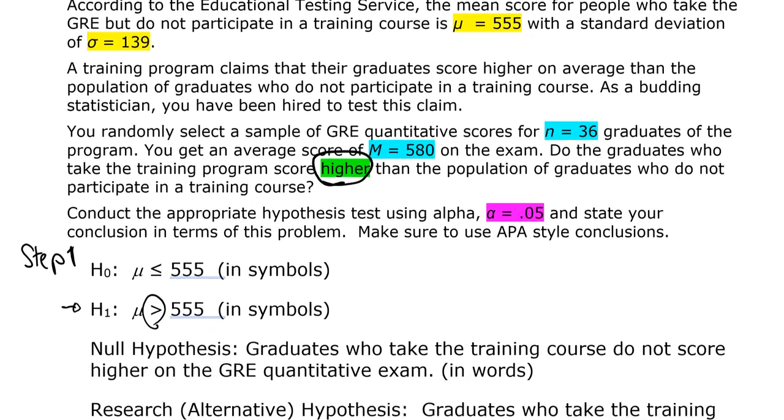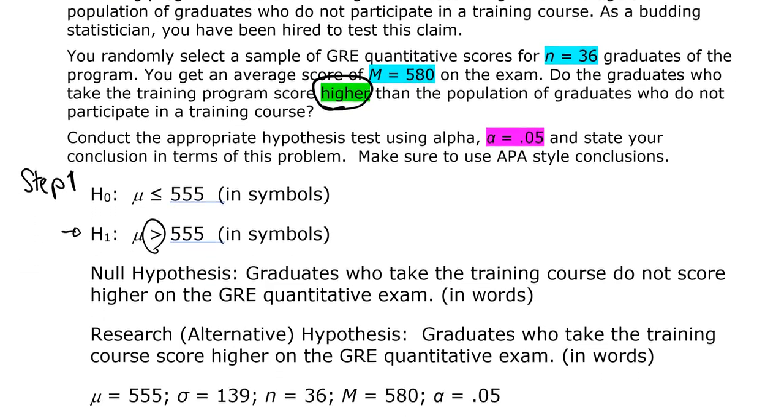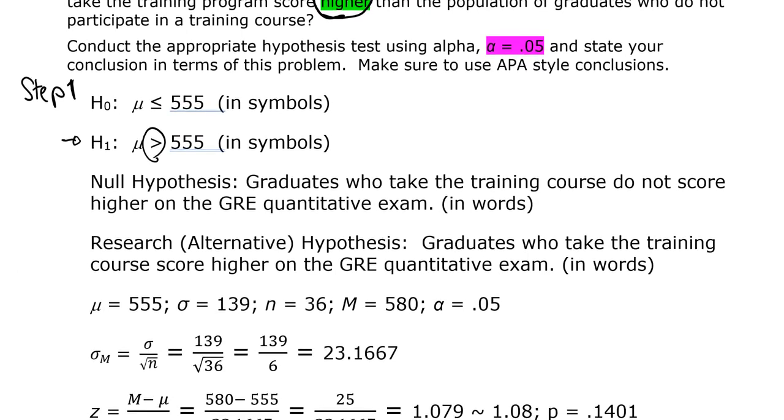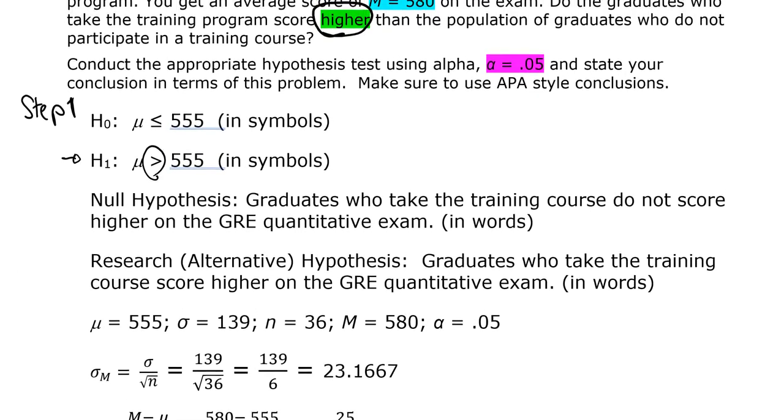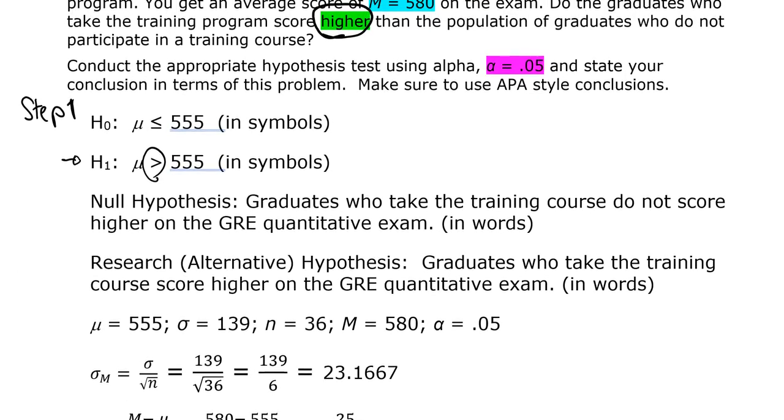So let's go ahead and move this up. In words, the null hypothesis is stated this way. Graduates who take the training course do not score higher on the GRE quantitative exam. And then the research or alternative hypothesis is stated as graduates who take the training course score higher on the GRE quantitative exam.